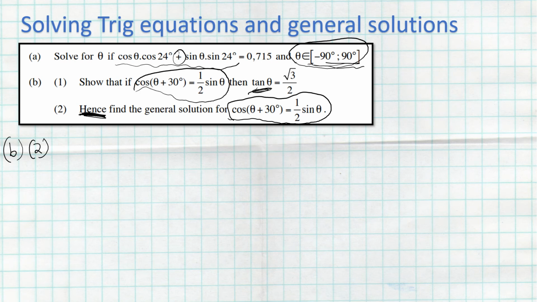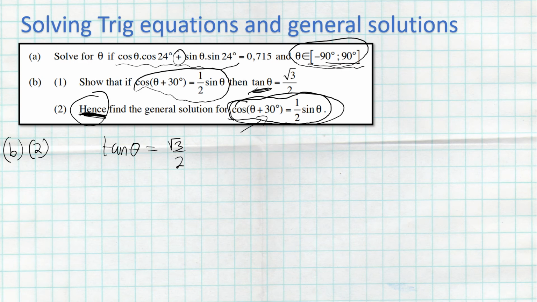Okay, so what did we do on the previous question? We used this expression exactly like this, and we were able to deduce that tan theta is equal to root 3 over 2. So in order to find the general solution, I don't need to first expand again and do all this. I already did it in the previous question. Hence, they are using the word hence to show that what you did in the previous question should help you to answer this question.